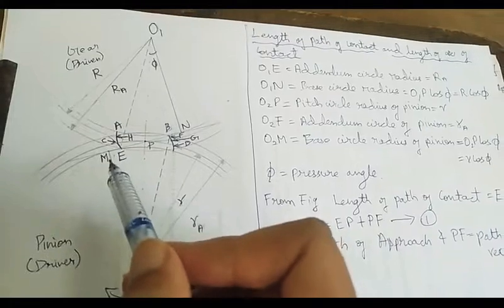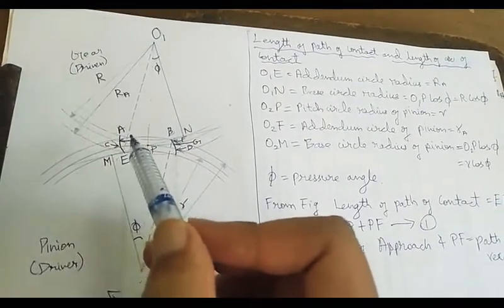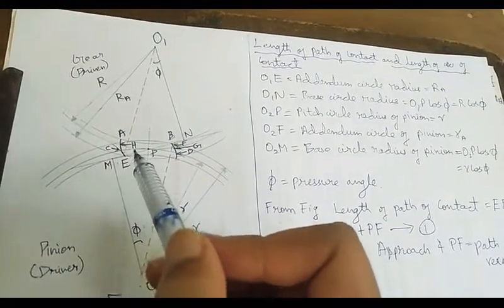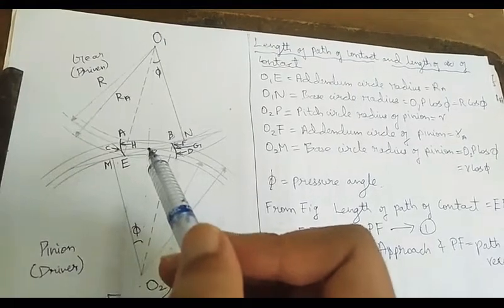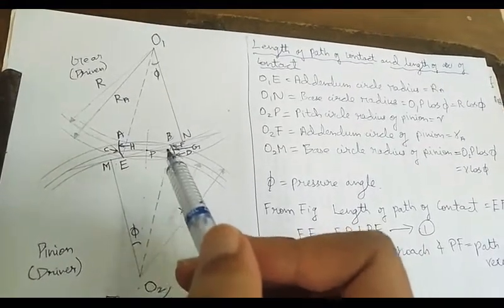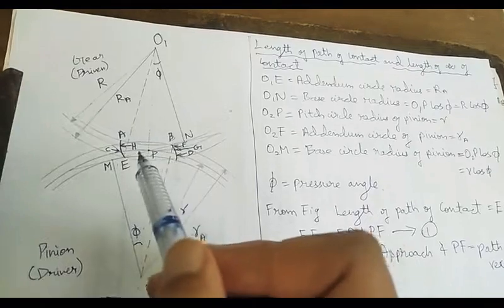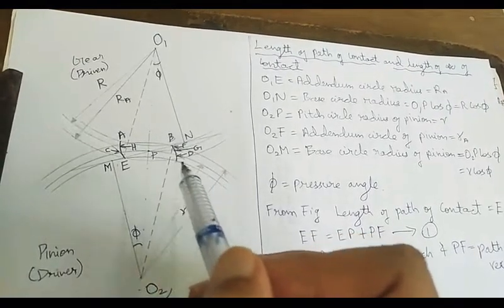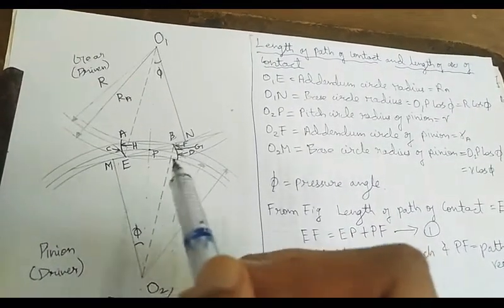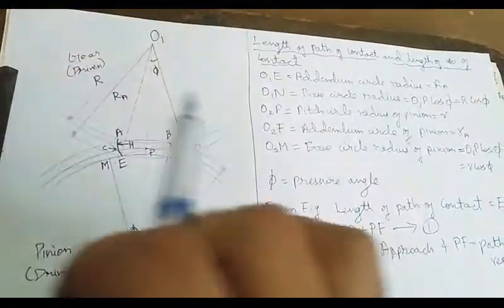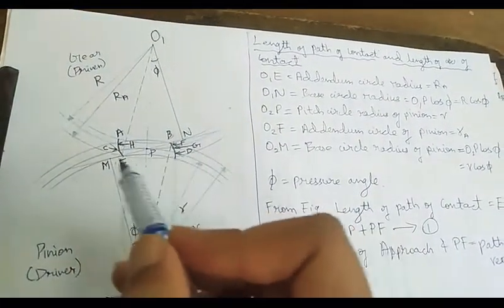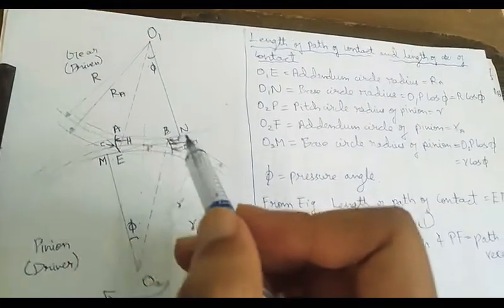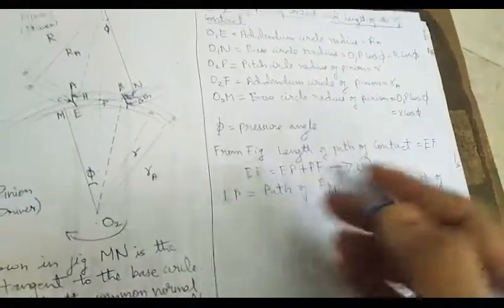Here, path of approach EP is where the gear teeth approach and mate with each other up to point P, and after point P they start separating. The gear teeth come apart, and that is called path of recess. EP is path of approach and PF is path of recess.